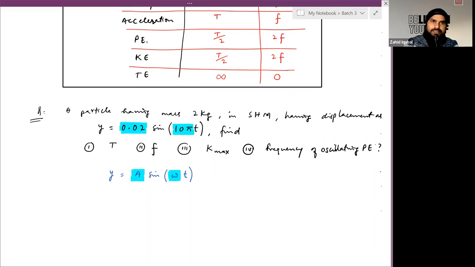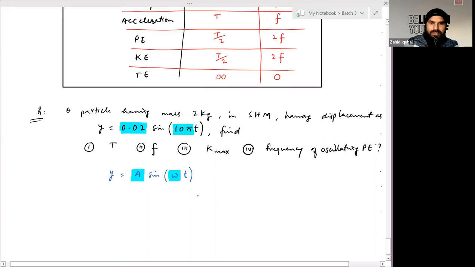On comparing, omega equals 2 pi by T, where T is the time period, and then frequency equals 1 over the time period. Next, we have to calculate the maximum kinetic energy, which was half m omega squared a squared. We have the mass of the body, 2 kg, and omega and a from this expression. Put these values and you will get the maximum kinetic energy. Try to solve these different terms.